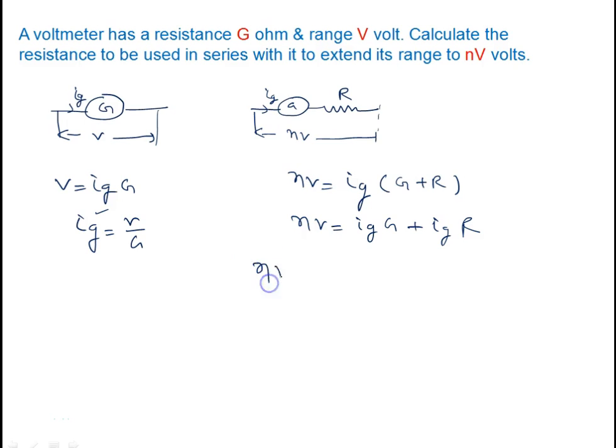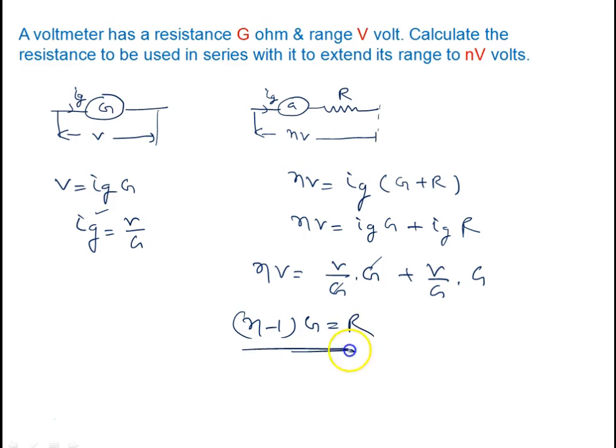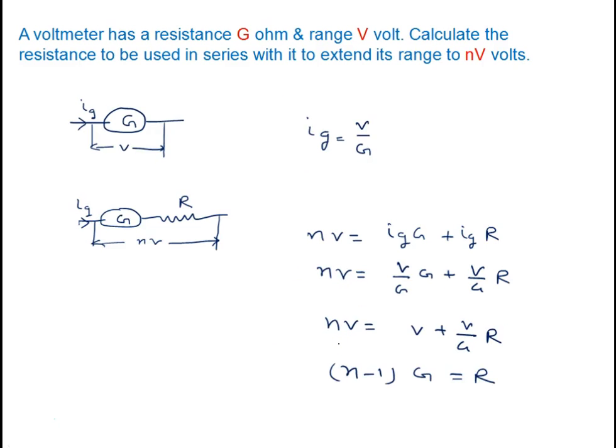What do we get? NV equal to V upon G into G plus V upon G into R. G can be cancelled. What we get? N minus 1 into G equal to R. This should be your answer.